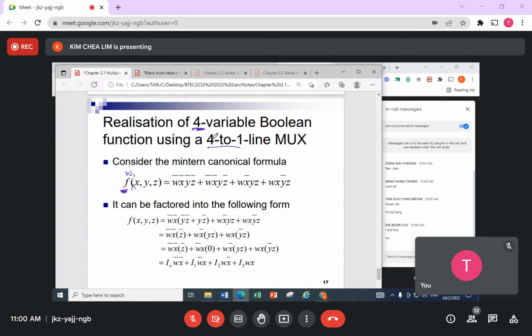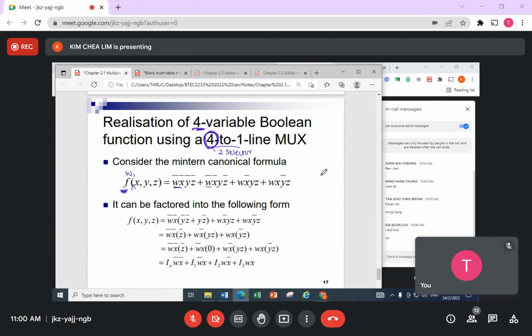As mentioned, I need to make use of a 4-to-1 multiplexer to implement it. You find that 4-to-1 has 2 selector lines only. So in this case, it's up to you which one you are going to choose. Either you choose WX or you choose YZ. In this case, I choose WX.